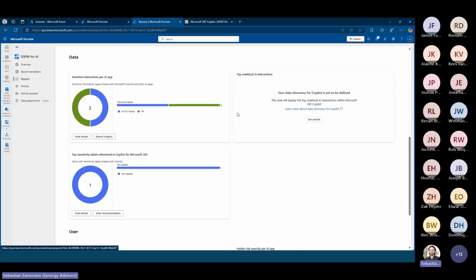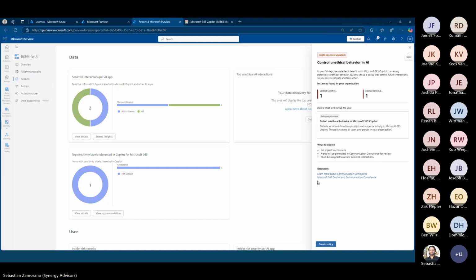Okay, we need to get started. Here you can see one of the points that I was trying to explain at the beginning. Take time with all of this. You need to generate a lot of different policies. You need to be aware that policies are created under insider risk management. Other policies are created under communication compliance. Other policies are created under DLP for Teams, for Exchange, for endpoint DLP.